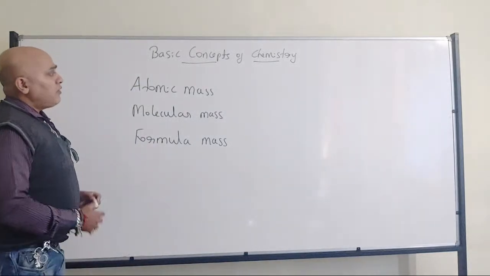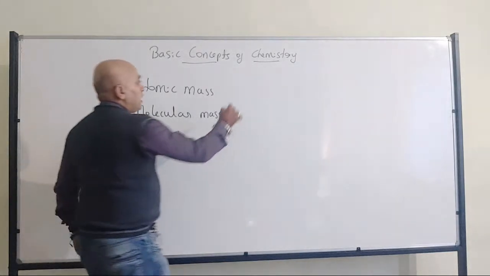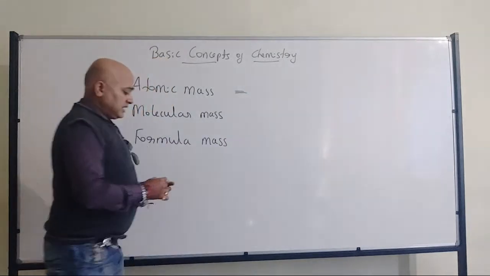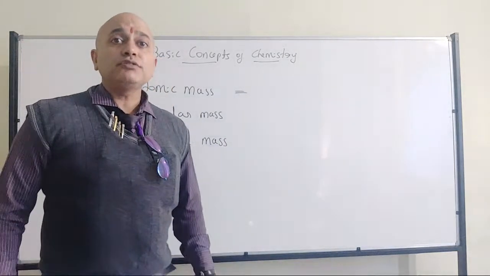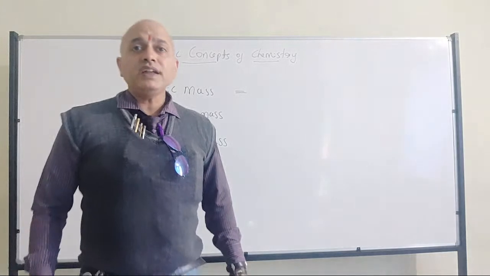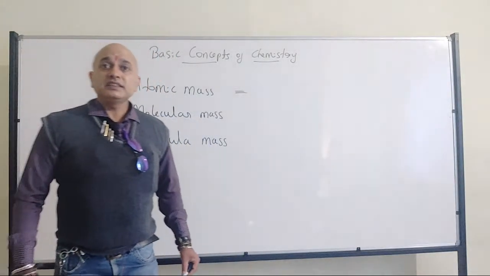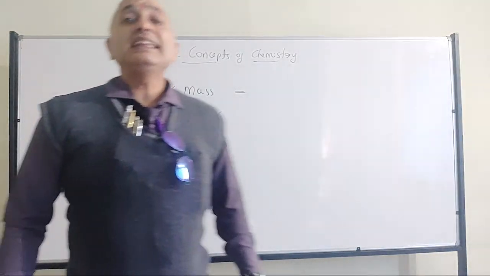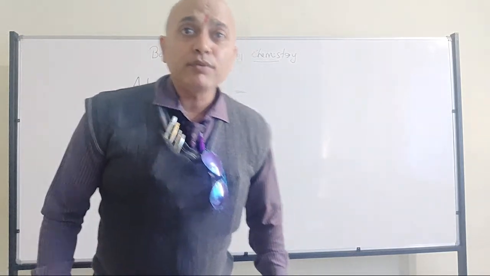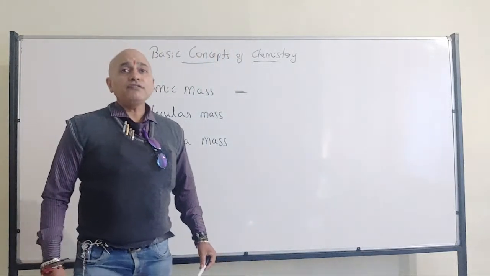Okay, now all of us know that atomic mass is nothing but related to the mass number of an element. That is nothing but the mass number of the element, that is number of protons plus number of neutrons.